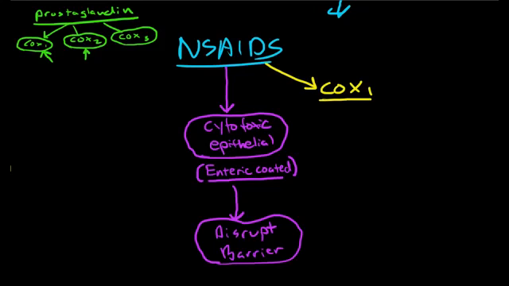The medications called COX-2 inhibitors were designed to only inhibit COX-2, whereas traditional NSAIDs were non-selective and inhibited COX-1 and COX-2. The theory was that if you made a selective COX-2 inhibitor, then you could avoid the gastric mucosal injury that is caused by COX-1. Unfortunately, the promise was very hopeful back in the 1990s when COX-2 inhibitors first came to the market. However, it turns out that they did not work as we theoretically thought they would, and there's a number of reasons for that.